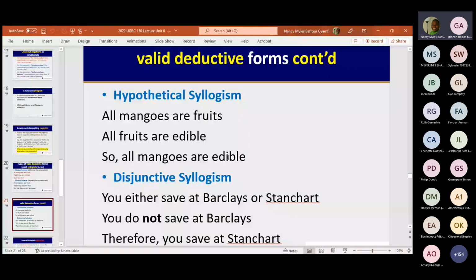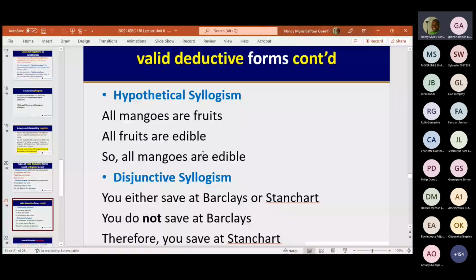The second premise now says the fruit, that's the triangle, is inside a bigger square, and all fruits are edible. Then it will follow that the circle is inside the big square. Why? Because the circle is inside the triangle, and the triangle is itself inside the big square. If so, then the circle is already inside the square. That's the thinking for hypothetical syllogism.